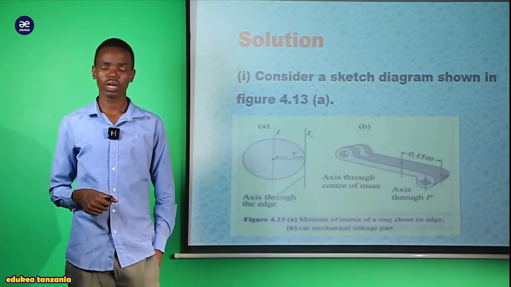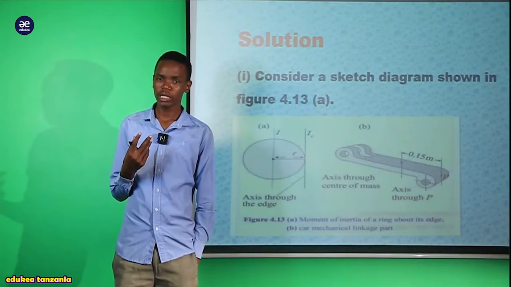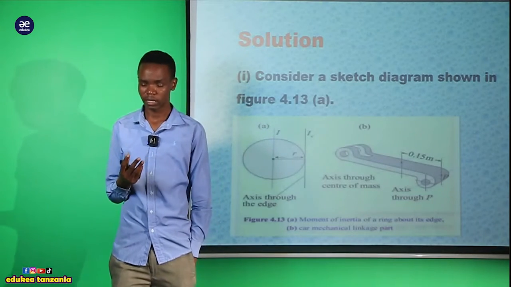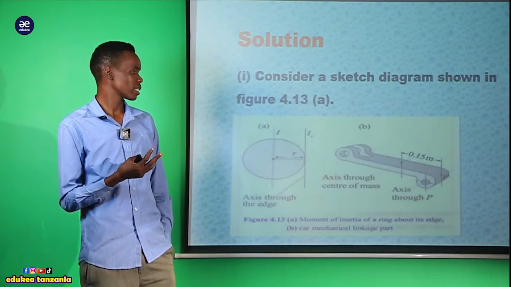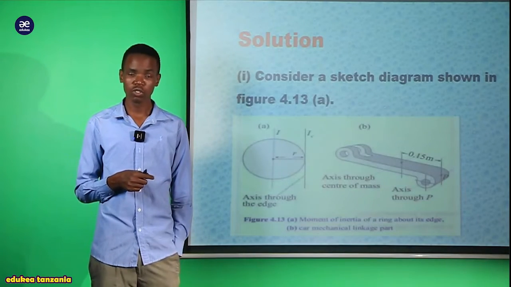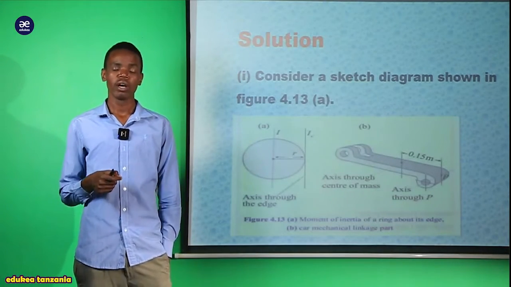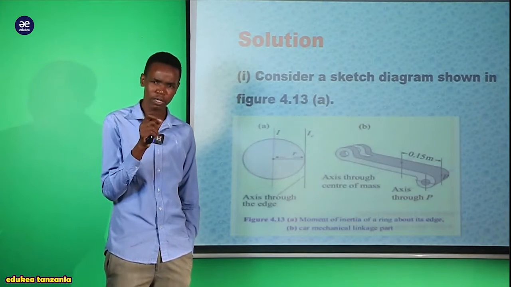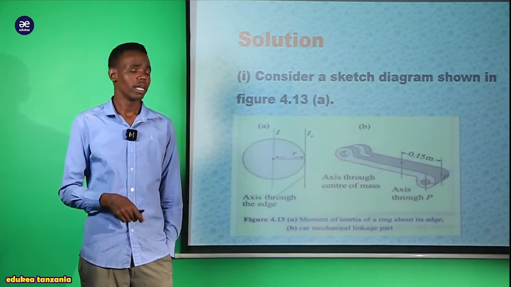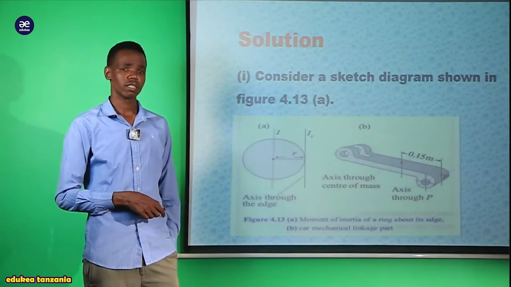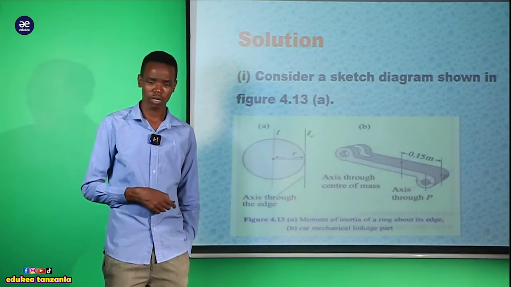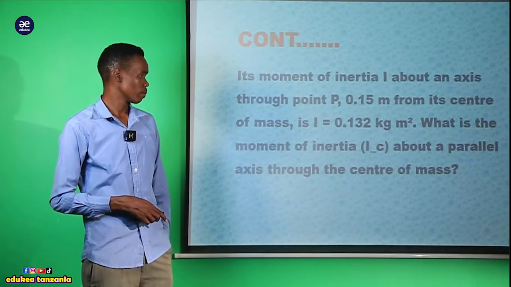So let us try to answer this question, because our question is categorized into 2 parts. The first part focuses on the uniform rod, and the second part focuses on the uniform ring. Now, the second part focuses on the car mechanical linkage, that is what we have been told.